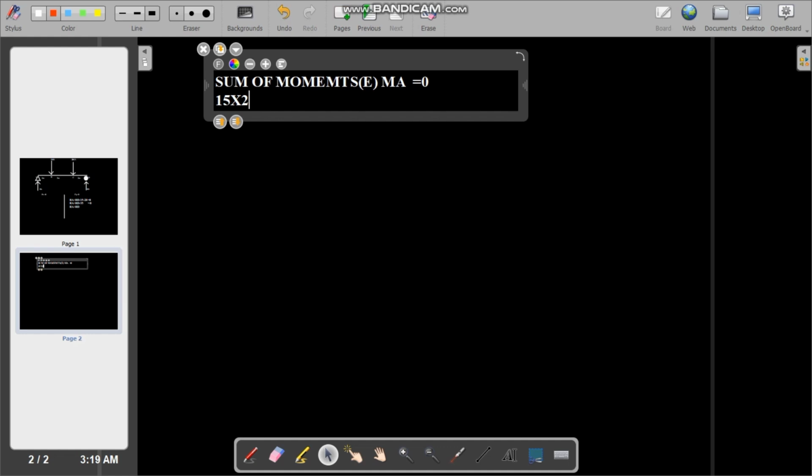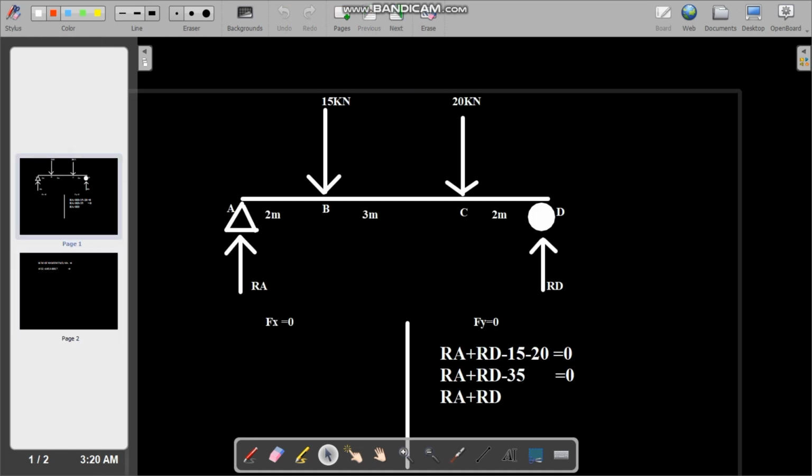So here you can see how we can evaluate the main thing. Okay, and we just start with 15 multiplied by 2 plus 20 multiplied by 5 and minus Rd multiplied by 7 is equal to 0.